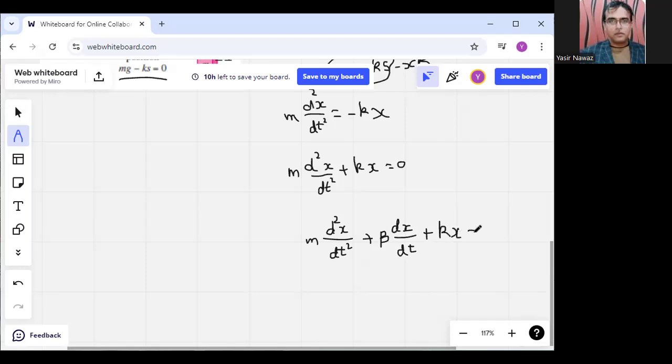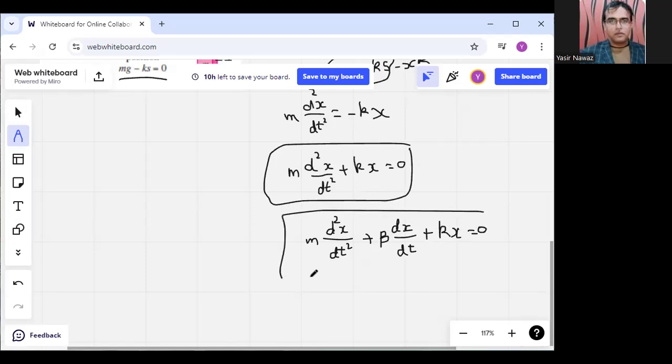So these are the two different situations. The first equation is the mathematical model for the mass spring system with no damping, and the second equation represents the mathematical model for the mass spring system with damping.